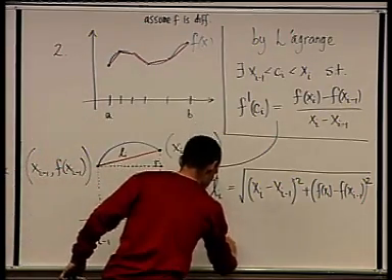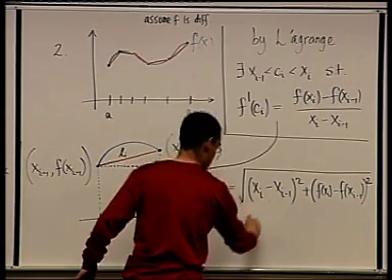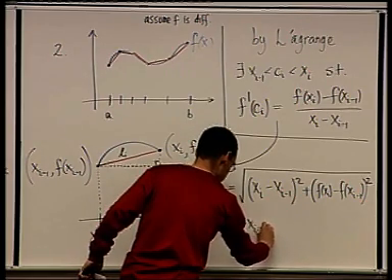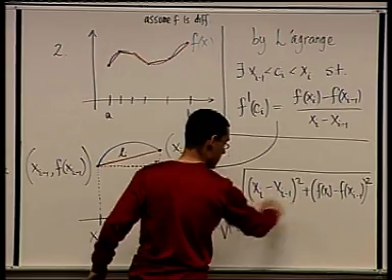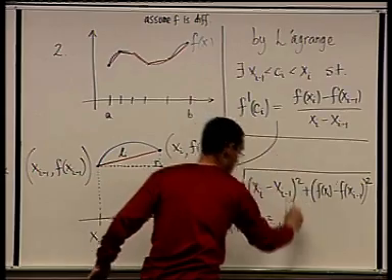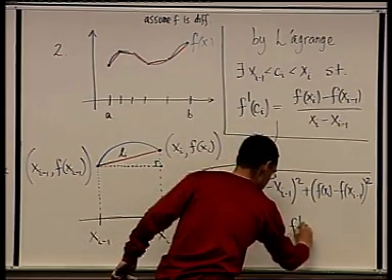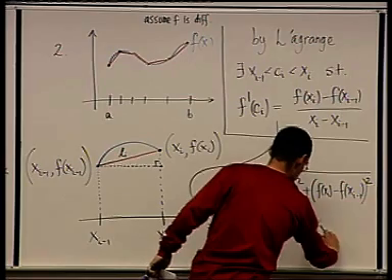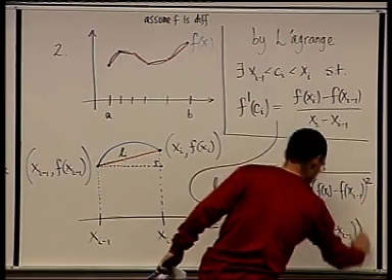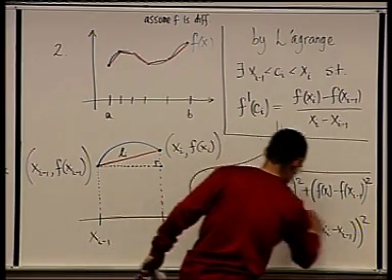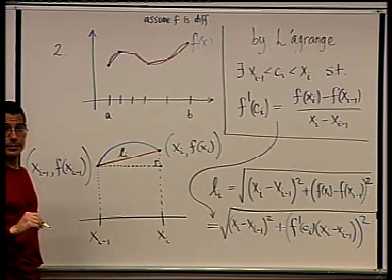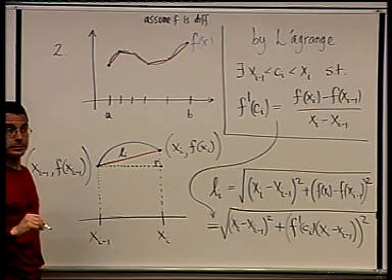So what I get is the root of (xi minus xi minus 1) squared, that's this, plus, and now instead of this, I'm going to write f prime at some intermediate point ci times (xi minus xi minus 1), and all of this squared, and everything inside the root. Did everybody follow? Questions? Good?